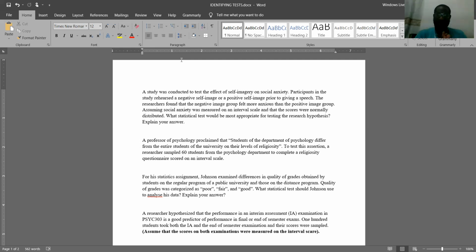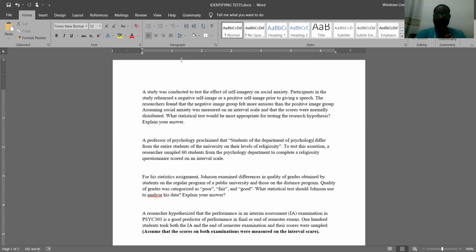When you read further, you can see that they indicated that social anxiety was measured on interval scale. So since you've been given that the DV, which is the dependent variable, is on interval, then a parametric test will come to mind. You're supposed to select a parametric test. But what type of parametric test?